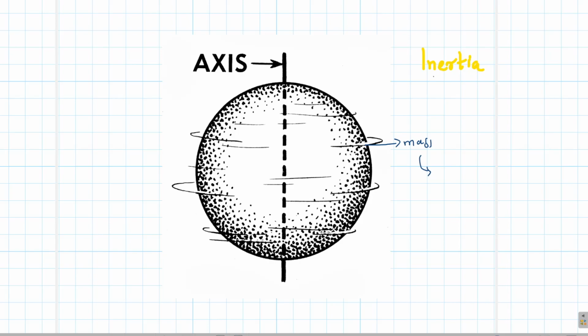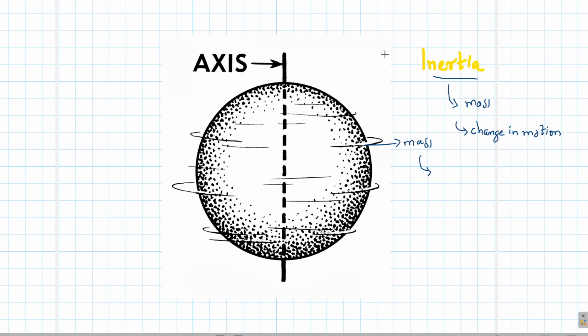Inertia can be understood as the property of the body, arising due to its mass, that resists the change in motion. These concepts are dealt with when we talk about linear motion.